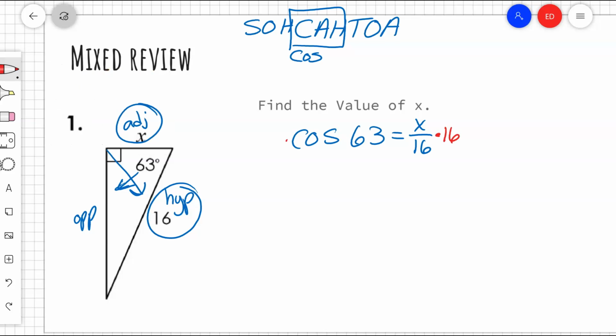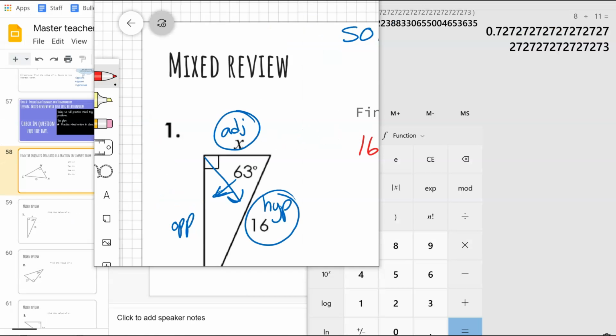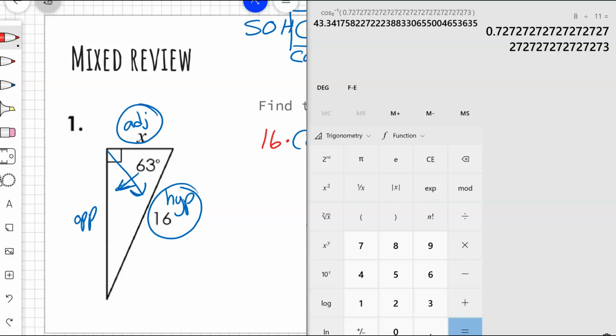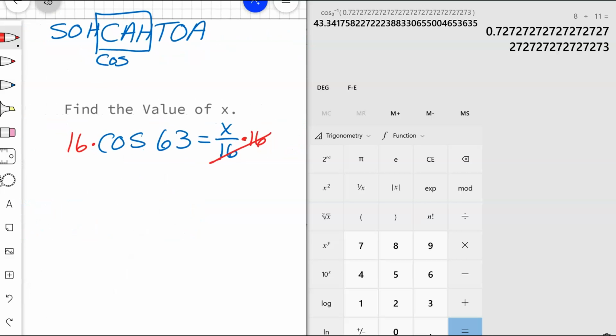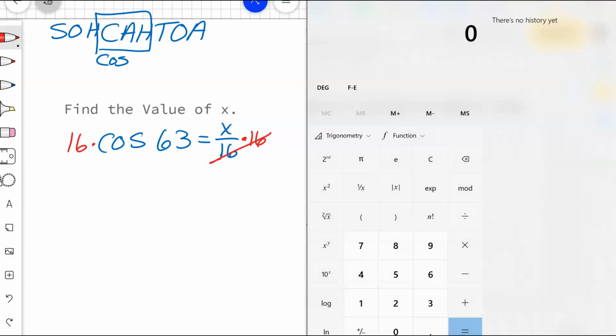I'm going to go ahead and show that in red just because it's going to show that it's the next step. And then we're going to end up with 16 times cosine 63. So I'm going to bring out my calculator here, and I need to figure out 16 times cosine 63.